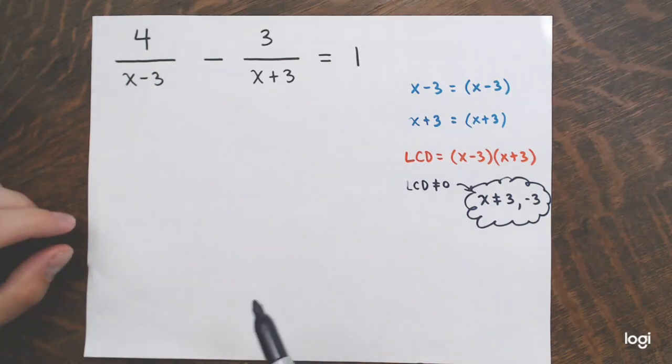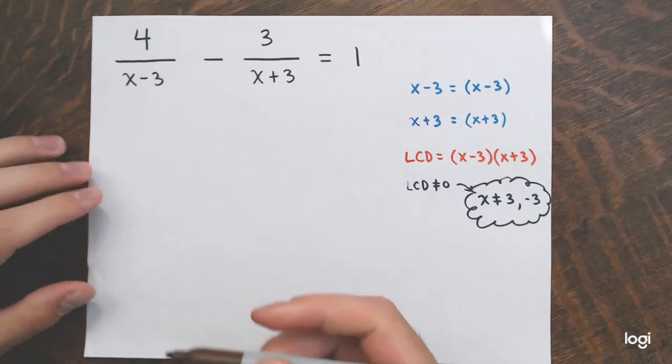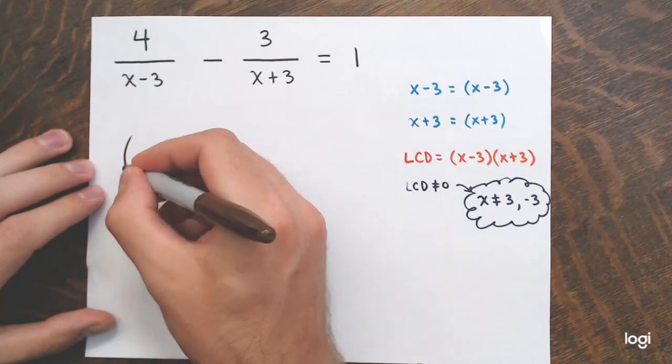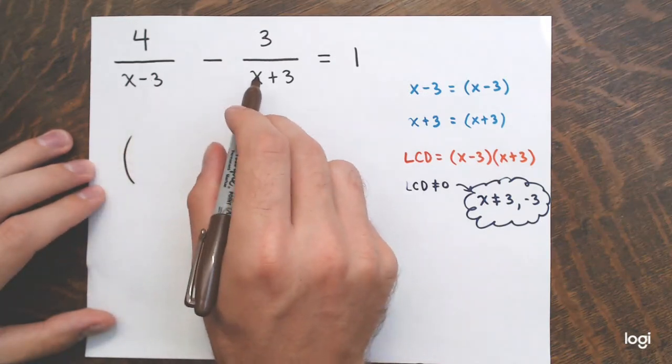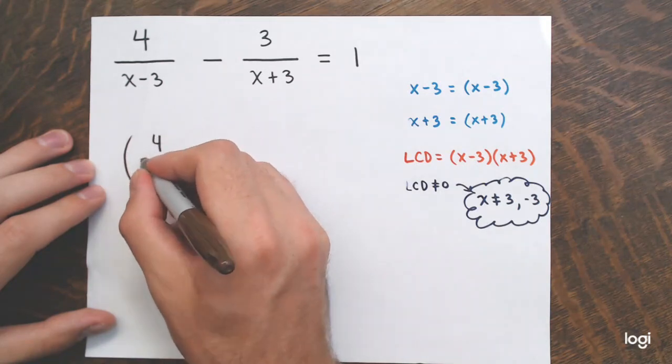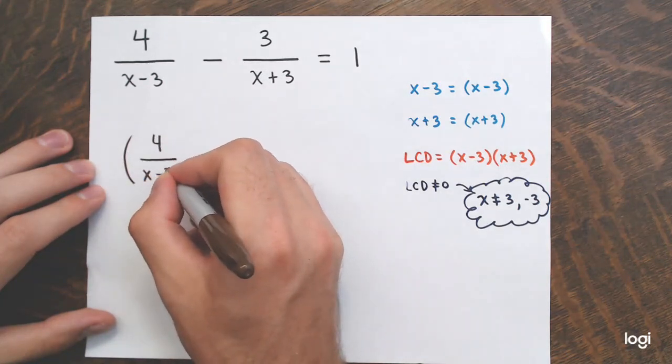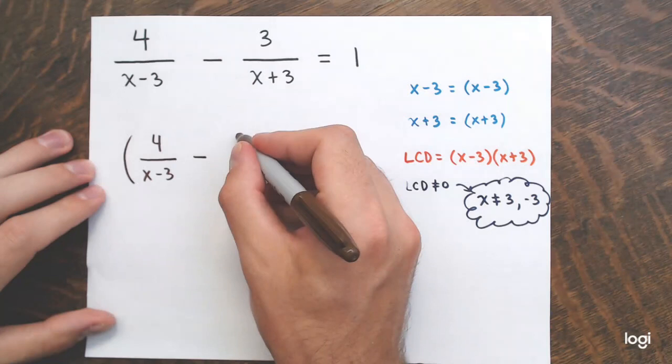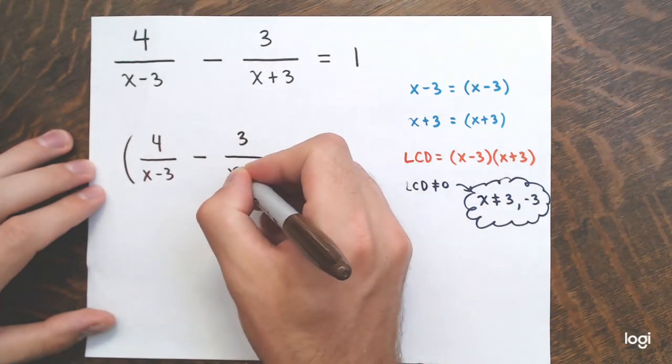Okay, so now comes the multiplication part. I'm going to take this left side, and it's got 2 fractions being subtracted. It's got 2 terms, so I'll put it in parentheses: 4 divided by x minus 3 minus 3 divided by x plus 3.